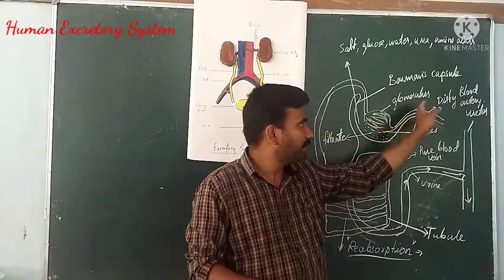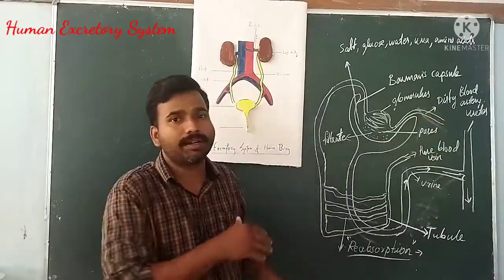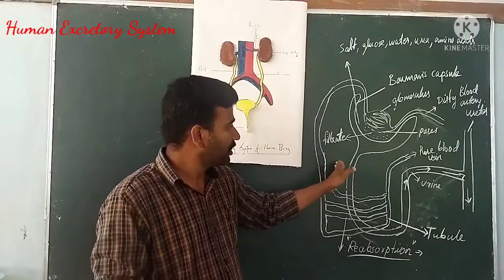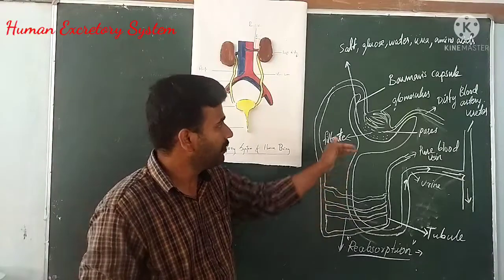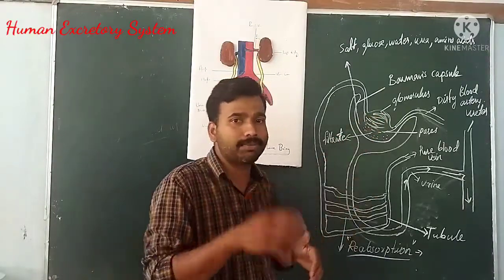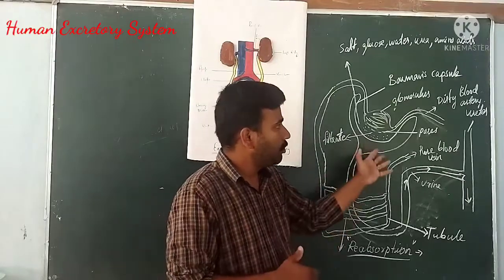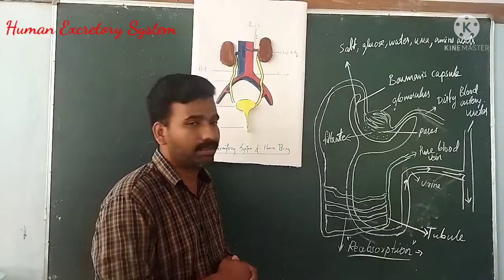The purified blood is then pumped into the vein. One disadvantage of artificial kidneys is that there is no reabsorption of nutrients, so we need to inject glucose while the person is undergoing dialysis.